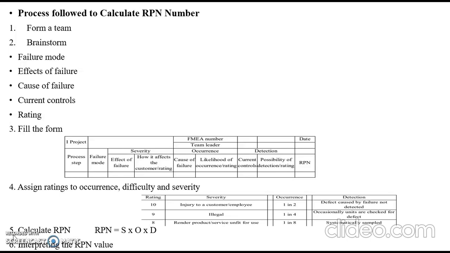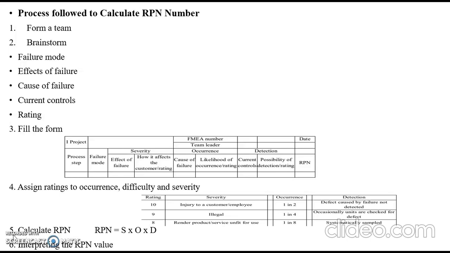And last, detection. The detection ranking is based on the assessment of whether the current controls are able to detect the failure modes or causes that could lead to the failure modes. Detection rankings are most often conducted using 1 to 10 scales, with 1 being low and 10 being critical. Ratings are determined in terms of severity of failure, occurrence and detection.